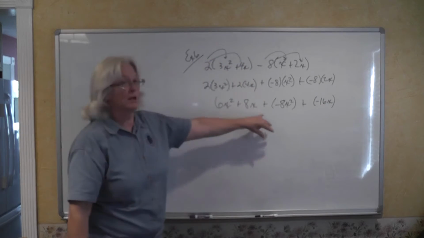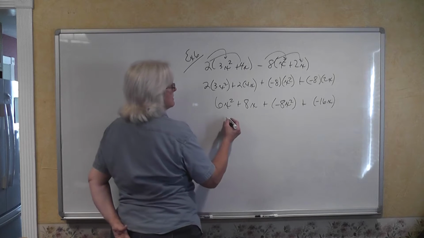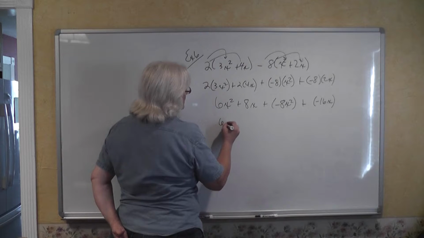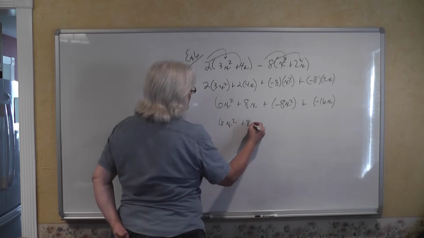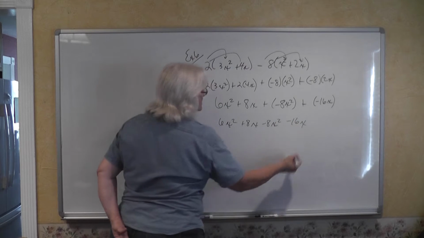Now, plus and negative doesn't work. We're going to change that into subtraction. 6x squared plus 8x minus 8x squared minus 16x.